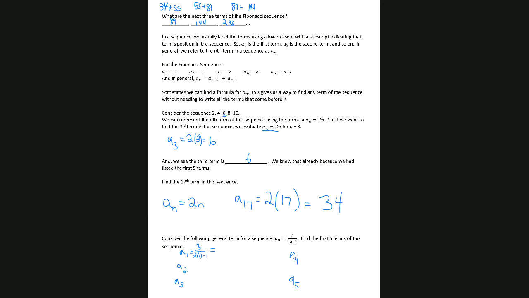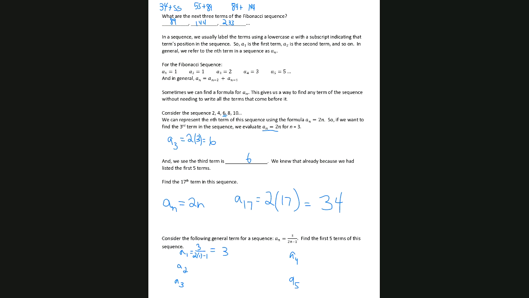And when I simplify that, I get 2 times 1 is 2. 2 minus 1 is 1, so I have 3 over 1, and that's just 3. If you have a graphing calculator or a calculator that will do several calculations, you could type this in and it'll just do it for you.